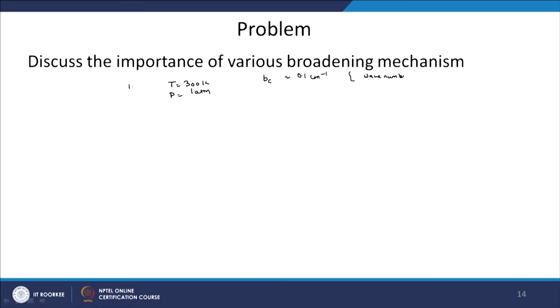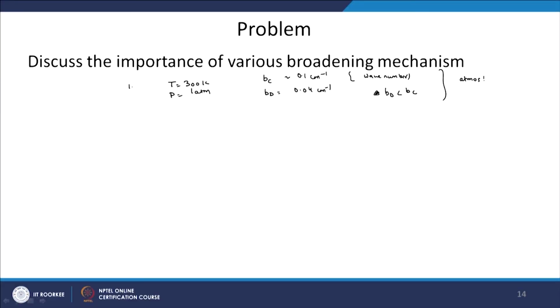So, the collision width is 0.1 centimeter inverse, and the Doppler width for this problem is 0.04 centimeter inverse. Okay. So, we see that the Doppler width is less than the collision width. So, the collision broadening is important for this application, although the Doppler broadening is not negligible.